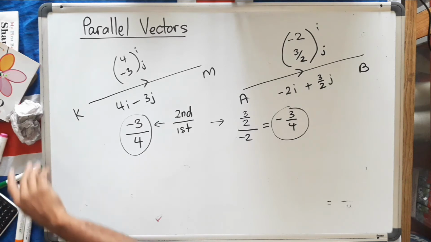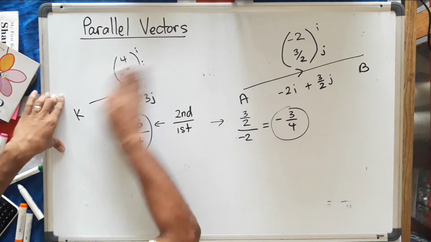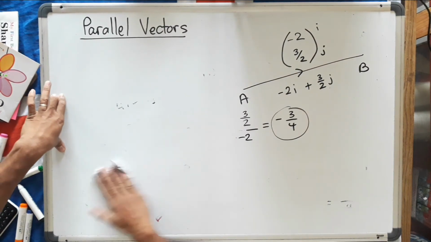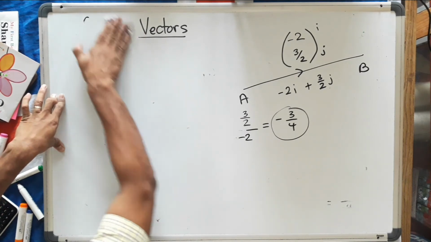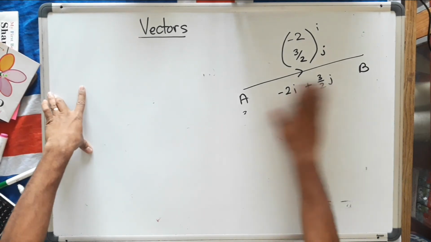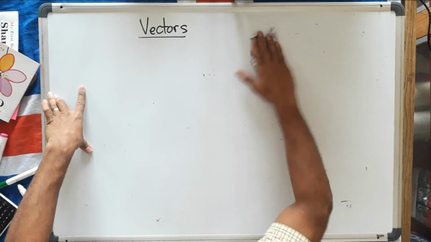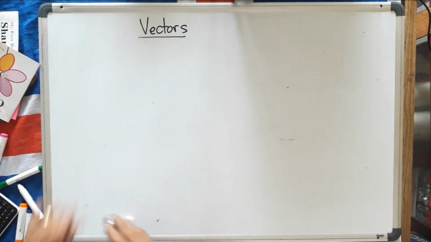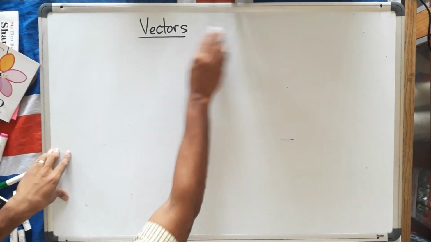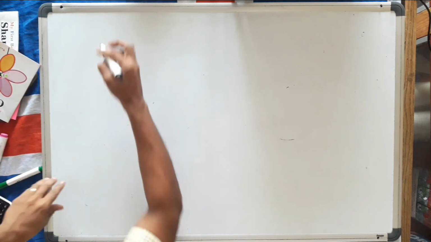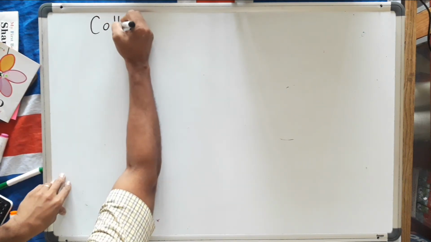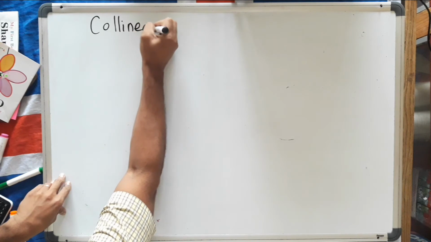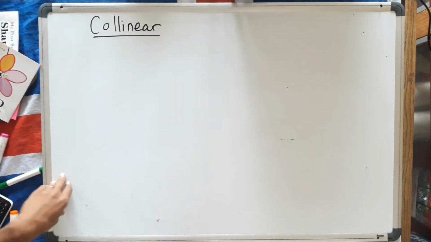All right, so let's do another type of vector, another piece of theory on vectors. It's no longer parallel vectors. I am going to show you something called collinear points. Well, collinear. All right, this is a very popular part of vectors.